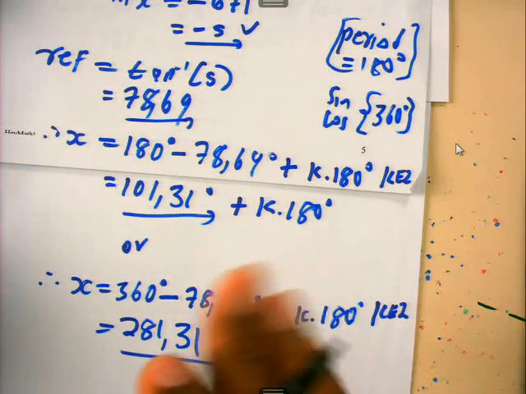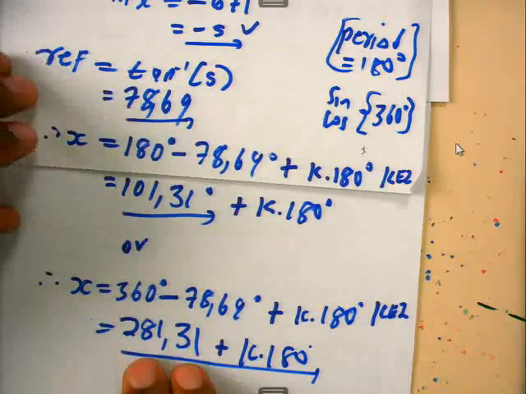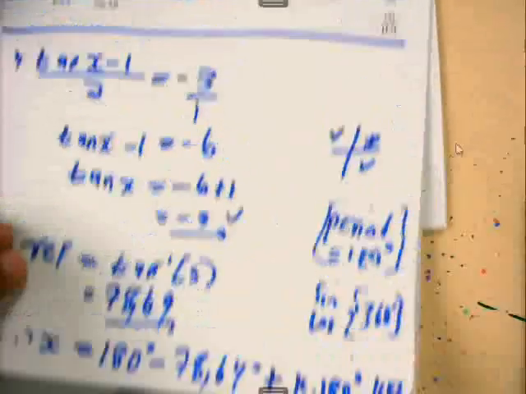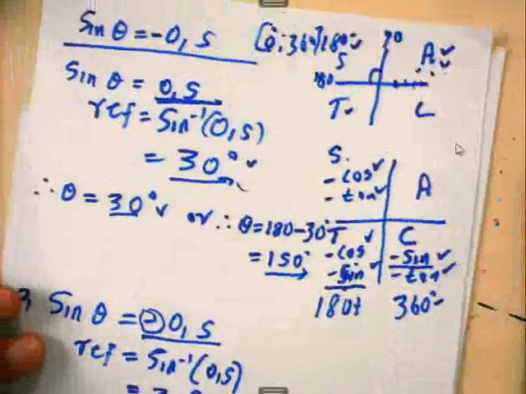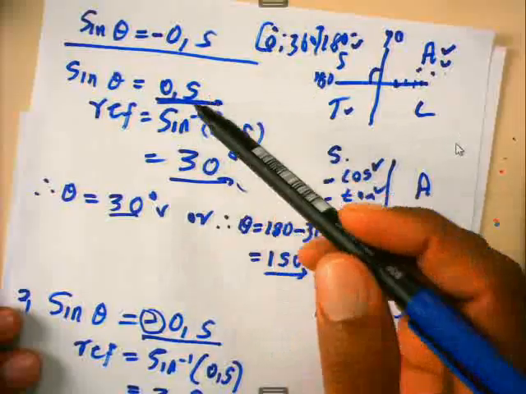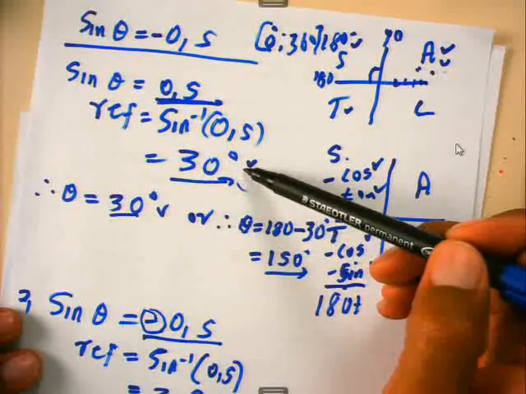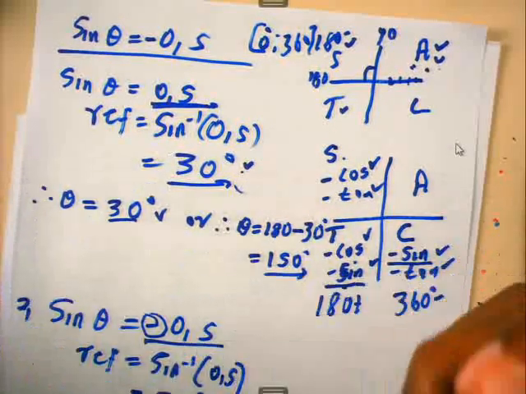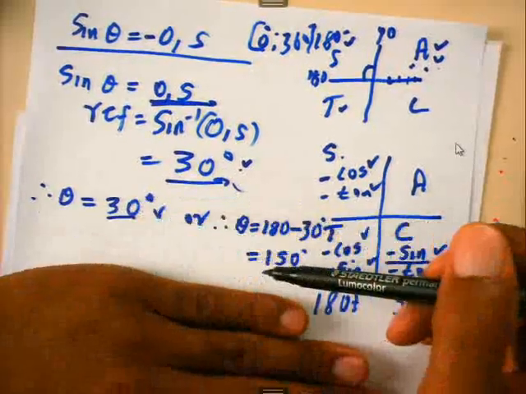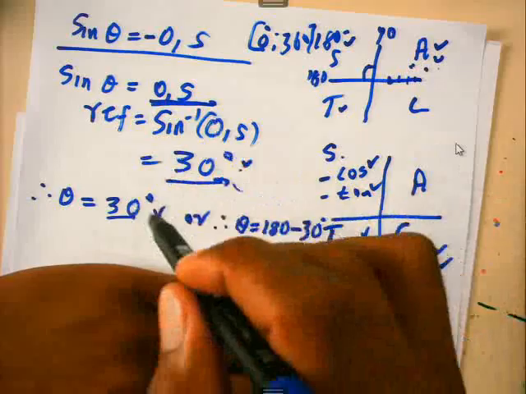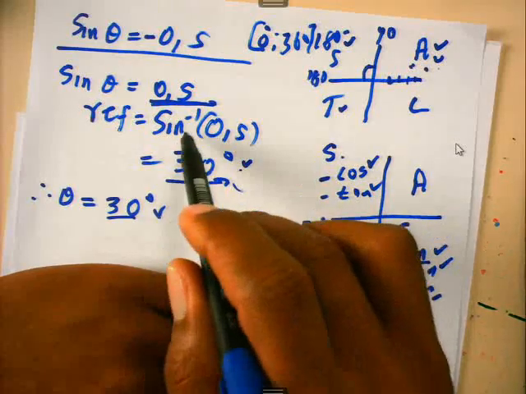I think now you have the general solutions here. Even if we go back a little to the one that we started with earlier, where we have sine theta equals 0.5, and we have the reference angle here. If the question was to determine the general solutions, because I have solved the equation, what is important is to remember the period of sine.